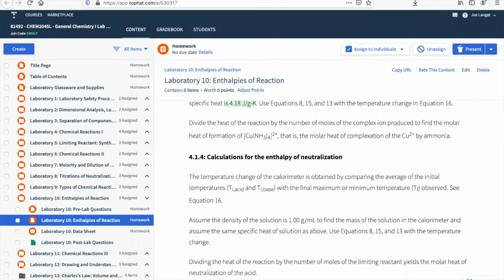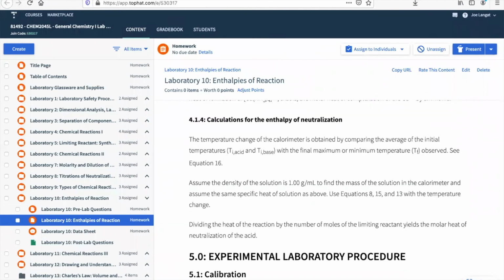And again, take note of the density of the solution, so that when you mix this and that, what is the density? You're going to use that to determine the volume. And then we will assume the specific heat of the solution as above.